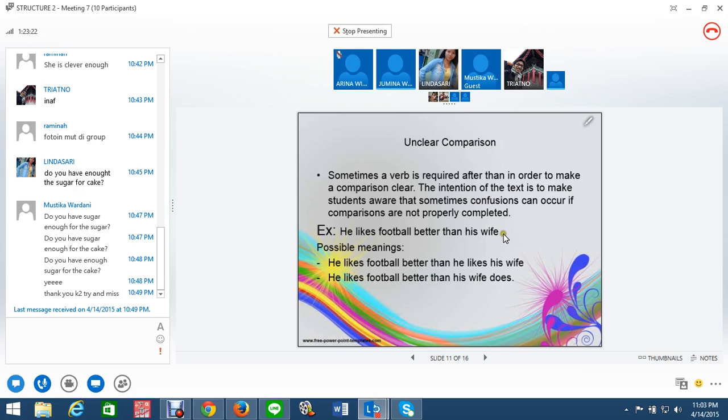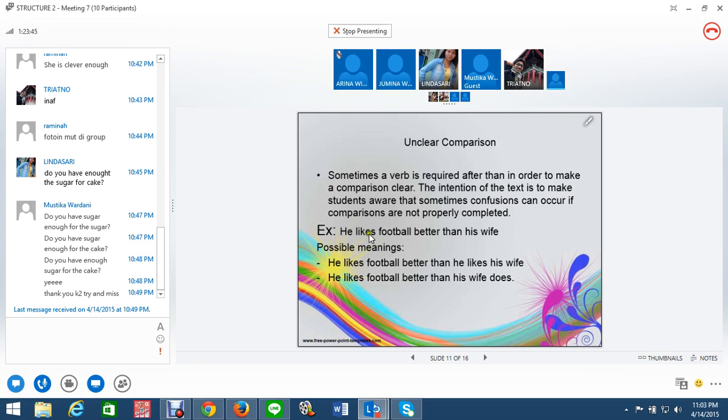Because there is no verb here, it makes the sentence unclear, atau unclear comparison, karena tidak ada verb di sini. Jadi ini namanya unclear comparison.